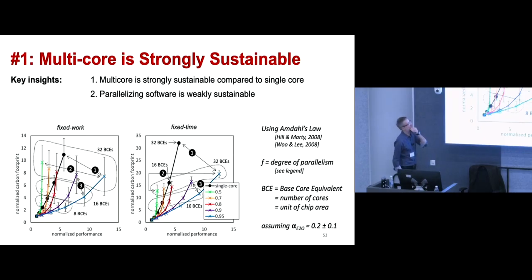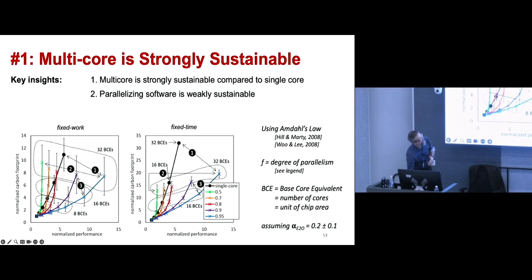Parallelizing software is weakly sustainable. If we compare these design points, say we have software where 50% of the code can be parallelized, and we compare that to 95% of the code being parallelizable right here, then we see a reduction in carbon footprint and obviously an increase in performance under a fixed work scenario.